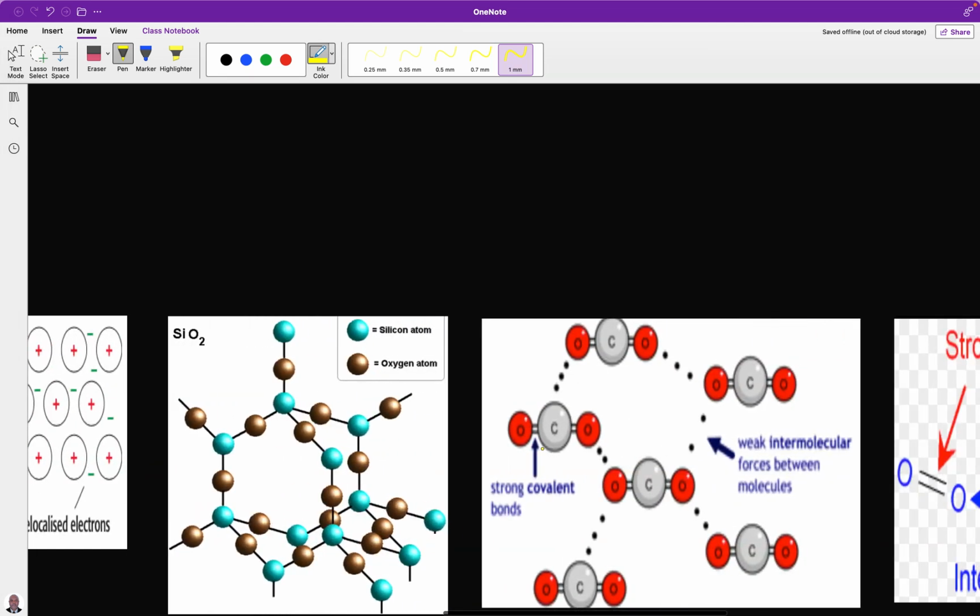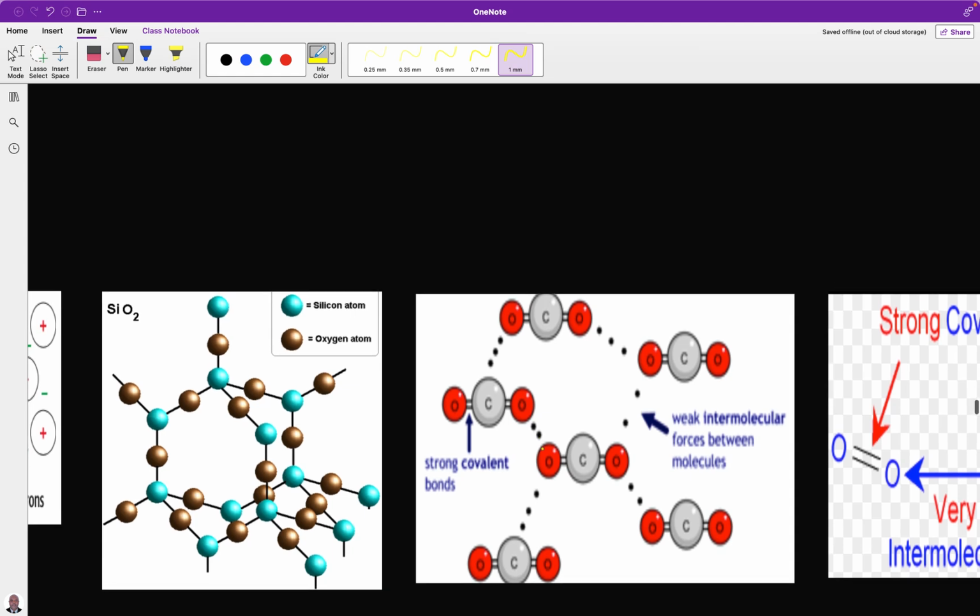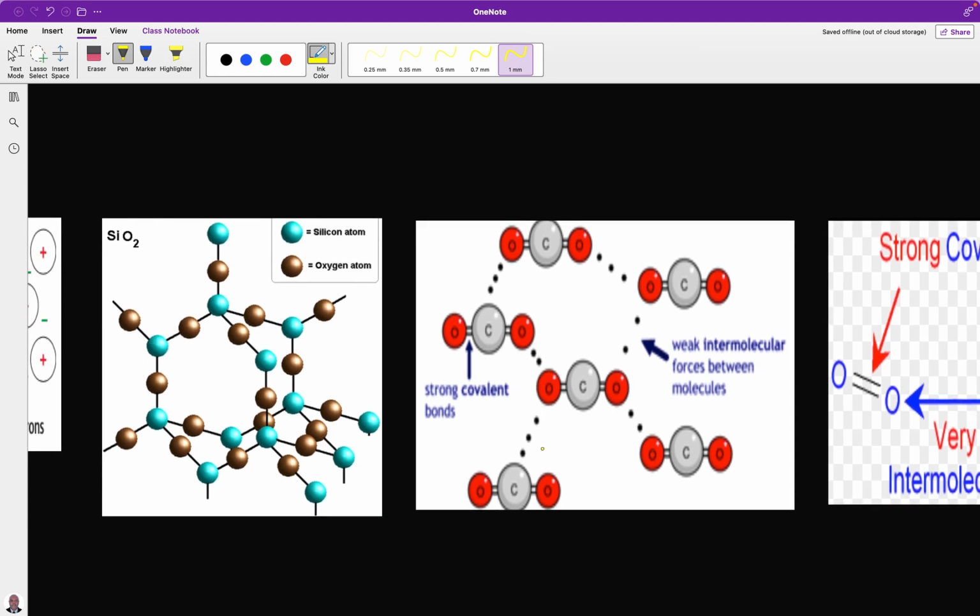Unlike the last category, which is the simple covalent structures or the simple molecular structures, some of them are solid, and chlorine and argon are gases. The molecules are held together by weak intermolecular forces.